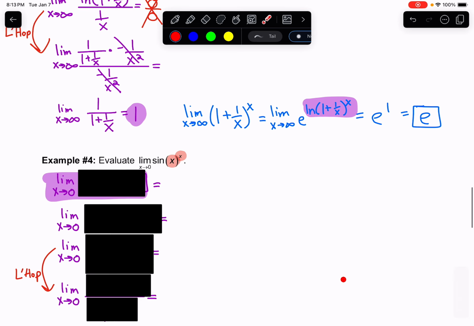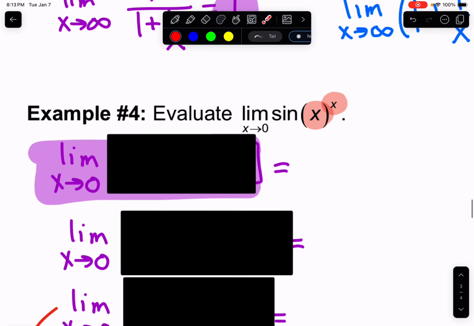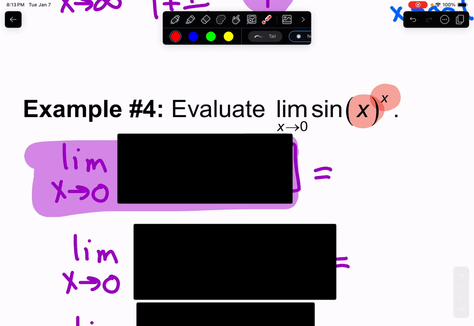Let's look at example 4, same thing. Limit as x approaches 0, sine of x to the x power. So again, this is (sine of x) to the x. Just to be clear here, I should put parentheses around the sine. Okay, so again, I have variable to a variable.